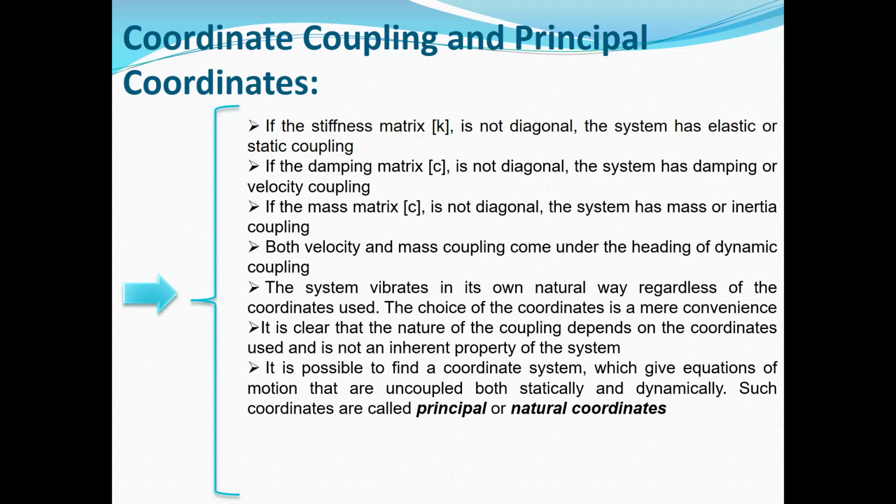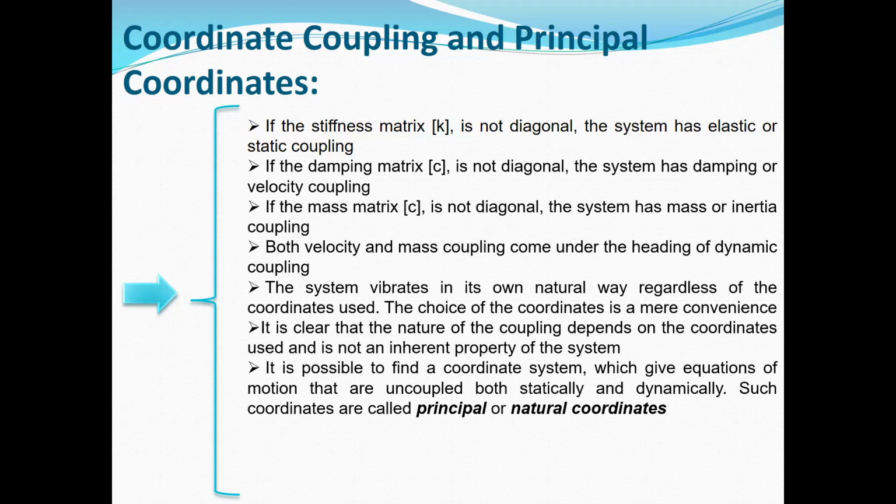I mean, for example, in the previous example for x and theta, under that condition when k1 L1 was equal to k2 L2, you will see that the equations will be independent, and you can solve the first equation and obtain x, and you can solve the second equation and obtain theta.